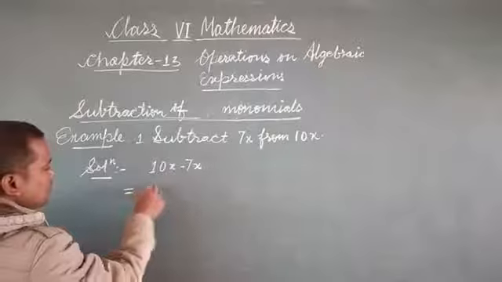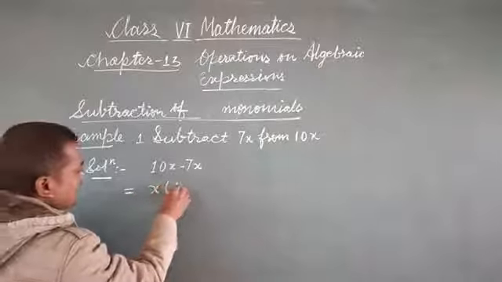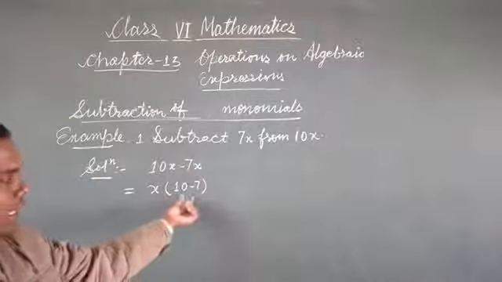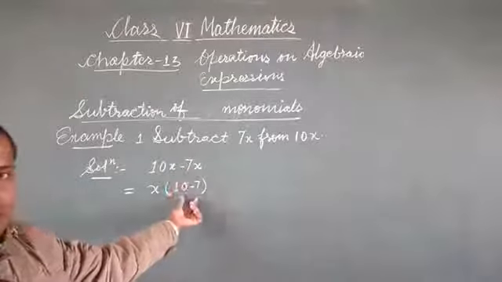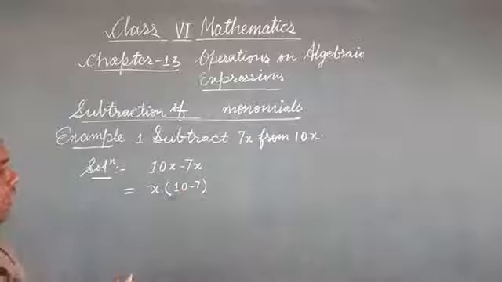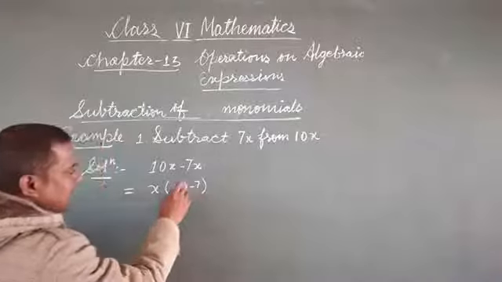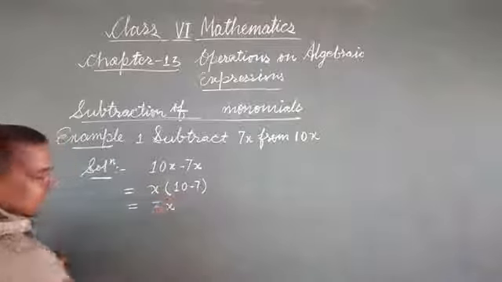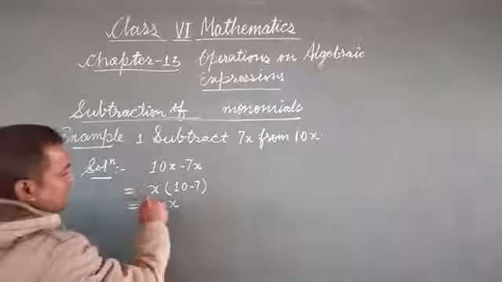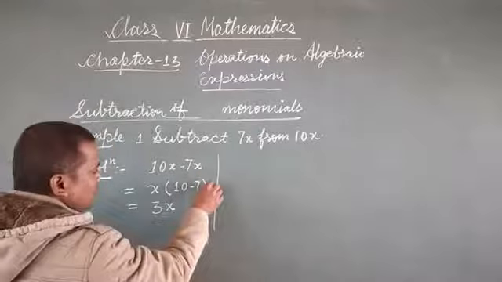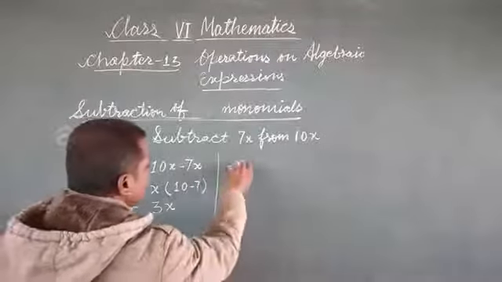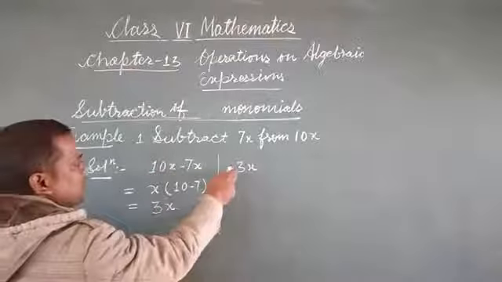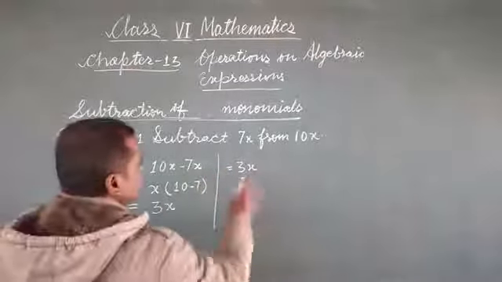You can write it in this way also, x times bracket 10 minus 7, meaning I have taken out the variable and written the coefficients with the sign given, or you can directly do it. Once you subtract 7 from 10, you will get 3, and here is x, so 3x. So 10x minus 7x is equal to 3x. This will be the answer.